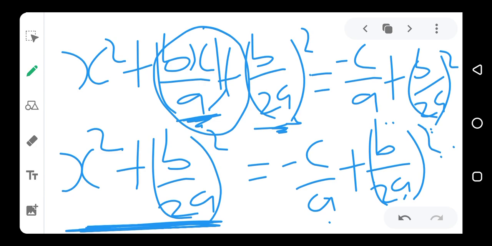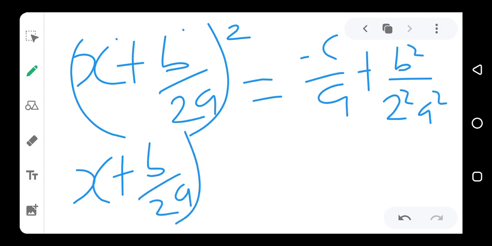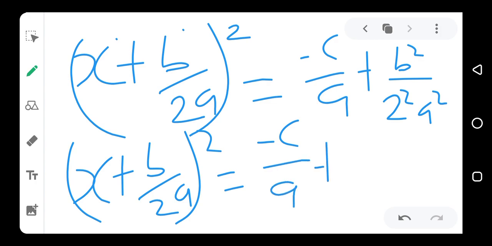That means it will square the b, the 2 and the a. So we are going to have x plus b over 2a everything squared is equal to minus c over a plus b squared over 2 squared, which is 4, a squared is a squared.